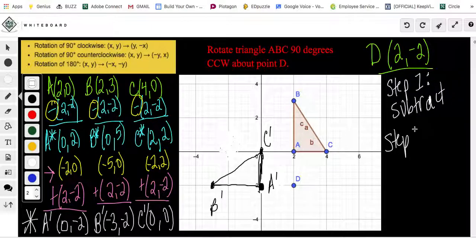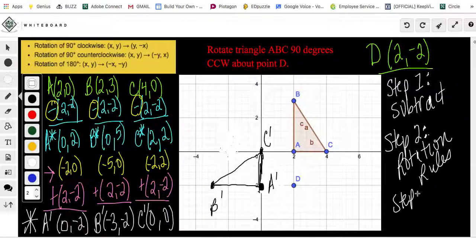Step 2 is you're going to use your rules to determine your rotation. So I'm just going to write rotation rules. And then step 3 is you're going to add that point back. You're going to add the point that you're rotating around back to your coordinates.